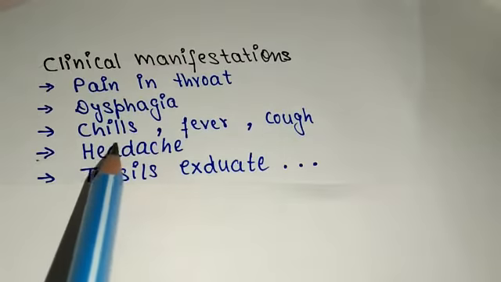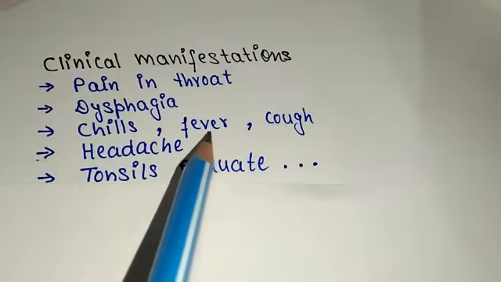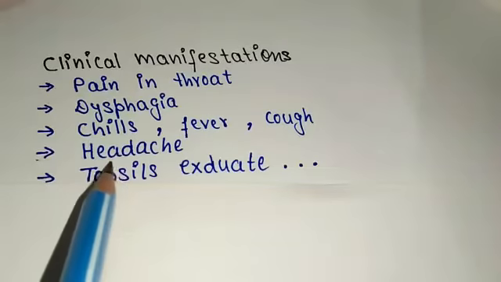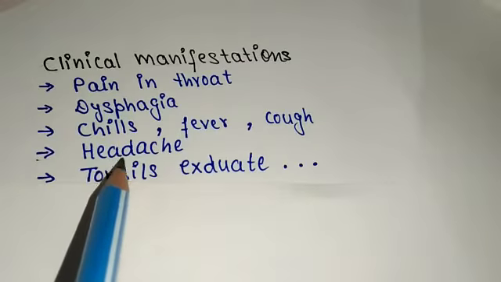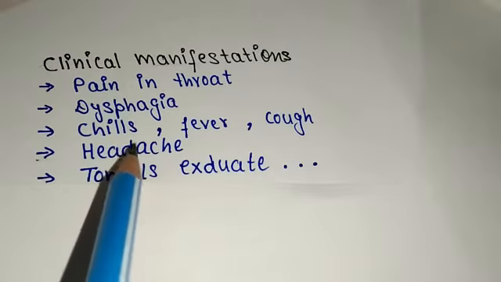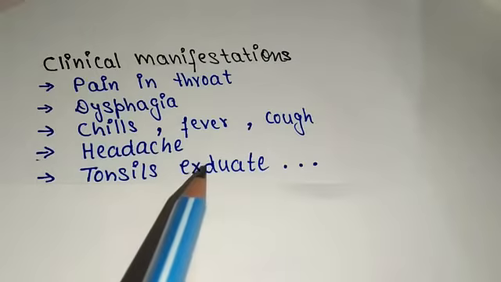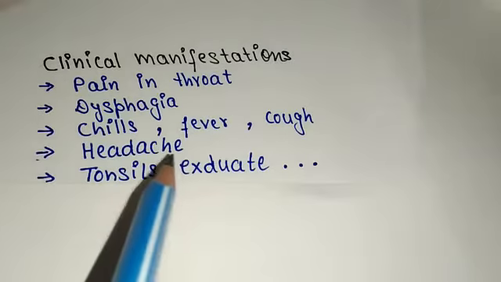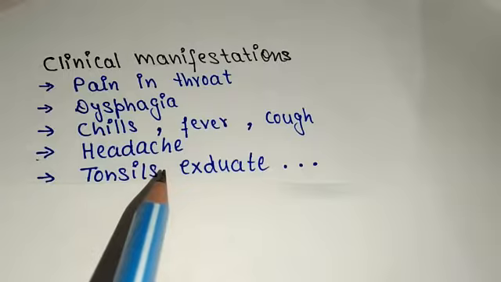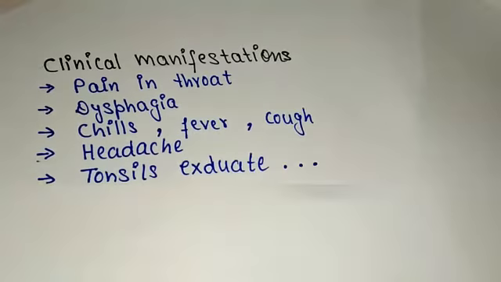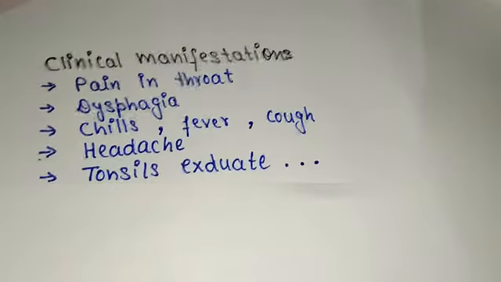And next, chills, fever and cough may occur in tonsillitis. Headache may or may not occur, according to the patient. And next is tonsillar exudate, meaning pus may occur in the tonsils in that situation.